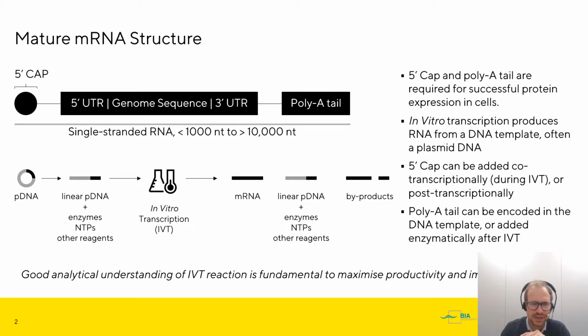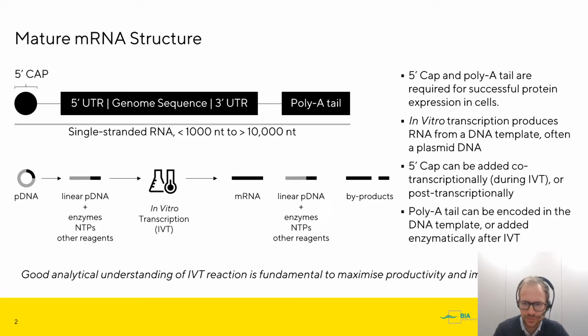mRNA is synthesized from a DNA plasmid template in a reaction called in vitro transcription, where, with the help of key enzymes and additives such as T7 polymerase, pyrophosphatase, and various other chemicals, it is produced in a cell-free environment.